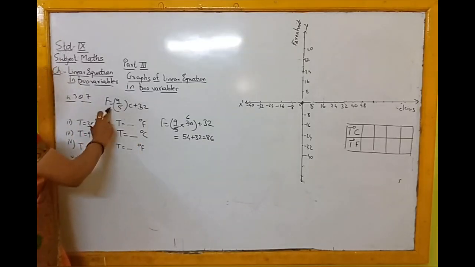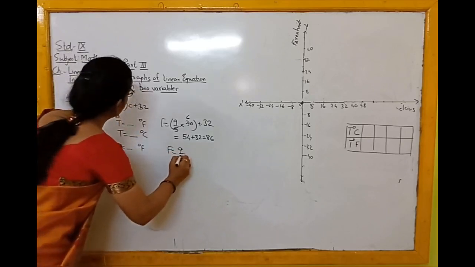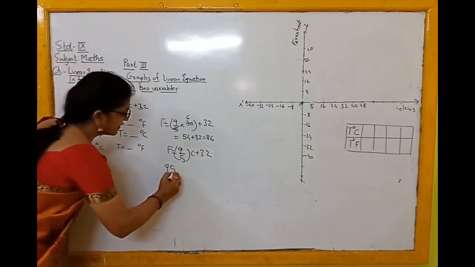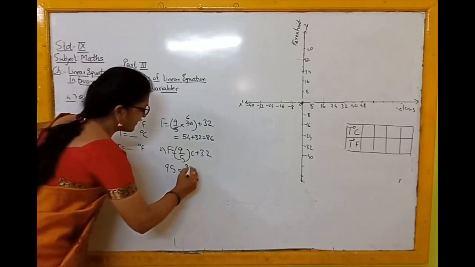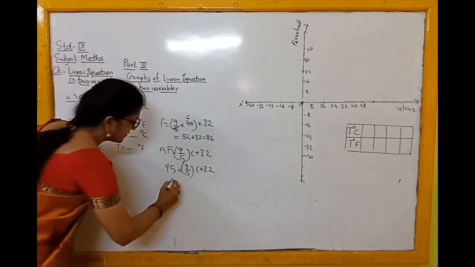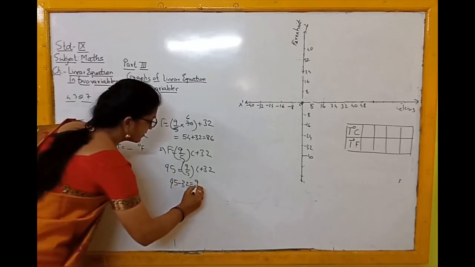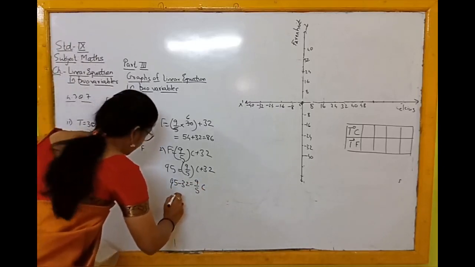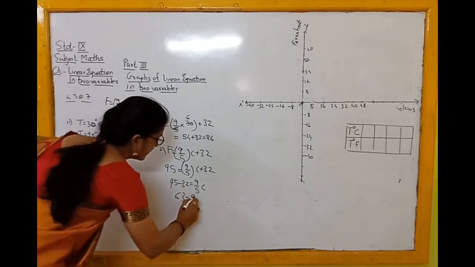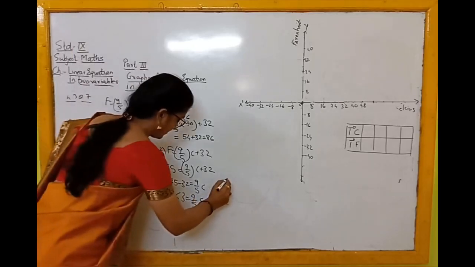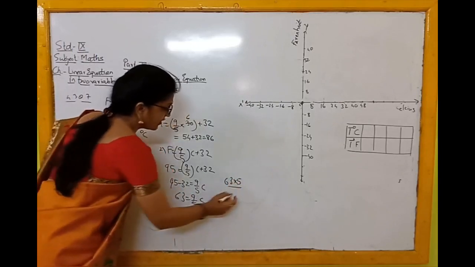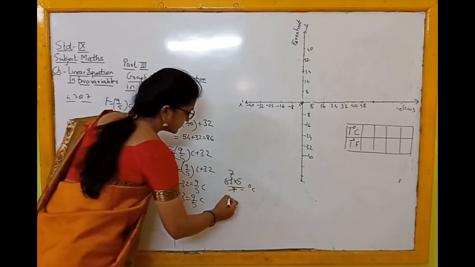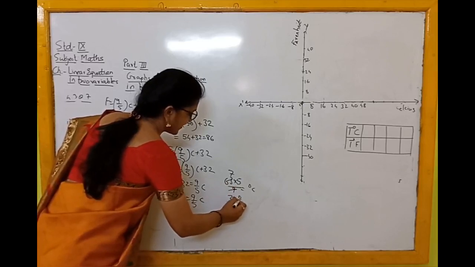Now temperature in Fahrenheit is given, so F is equal to 9 by 5 into C plus 32. 95 is equal to 9 by 5 into C plus 32. 95 minus 32 is 9 by 5 into C, so 63 is 9 by 5 into C. So 63 into 5 upon 9 is the temperature in Celsius, which is 35. So the temperature in Celsius is 35 degrees Celsius.